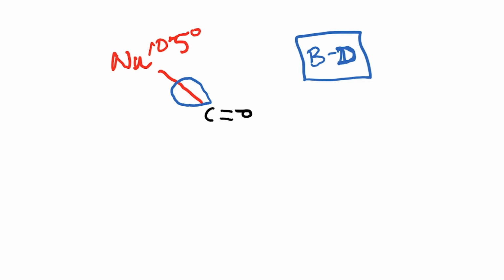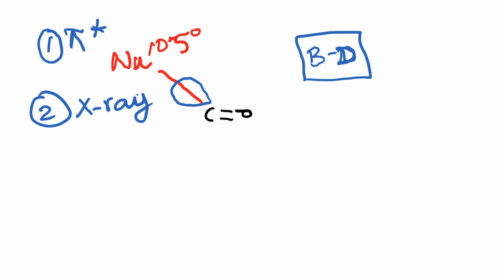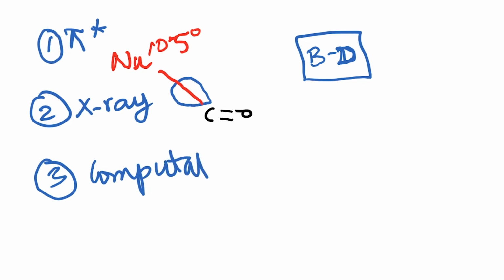Okay, so this is very important because this is something that allows us to understand how carbonyl is going to react. So in addition to these two, that is, number one is the pi star, and number two is the crystal structure, X-ray structures, the third clue comes from high-level computational calculations.